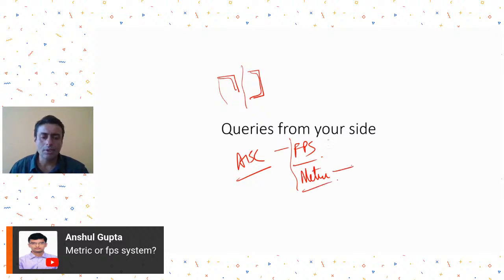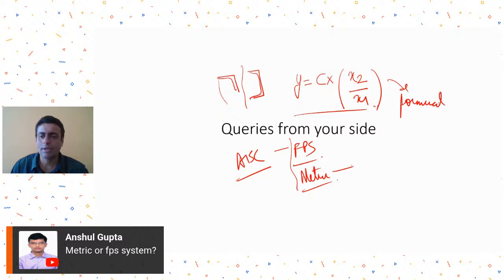Now, one advantage or one good thing about the AISC formula is, let me just tell you. Suppose you have some output Y. So this Y is equal to C, some constant, into x2 upon x1. Now, this is a formula. I'm just trying to explain one thing. Let's say this is a formula given in AISC 360.